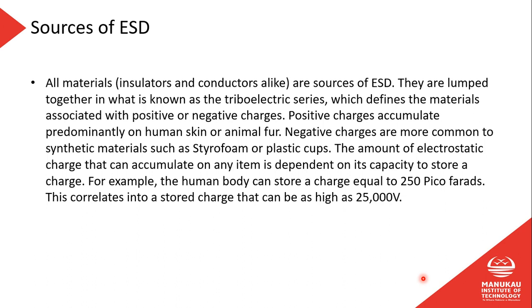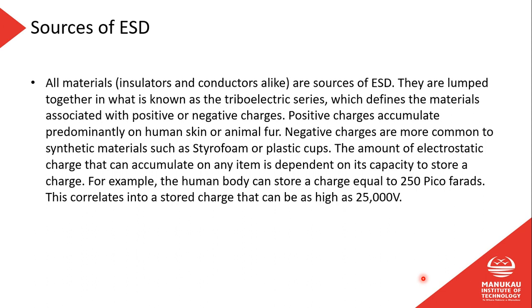The amount of electrostatic charge that can accumulate on any item is dependent on its capacity to store a charge. For example, the human body can store a charge equal to about 250 picofarads. This correlates into a stored charge that can be as high as 25,000 volts. Weird numbers there, right? We've done a bit more since the last time we looked at static discharge, around capacitance and that kind of thing. So 25,000 volts, 250 picofarads.